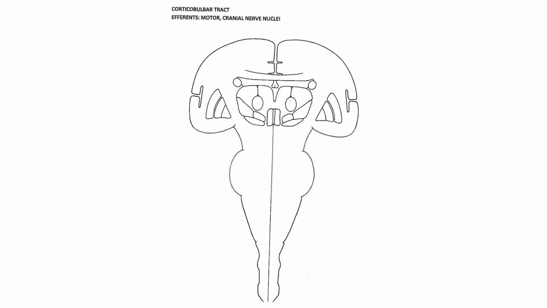Then I want to look at what I call the other cranial nerve nuclei. And so we're going to show that this pathway is going to begin from area 4. And we're going to see that the neurons are going to come down, and they are going to pass through the genu of the internal capsule.